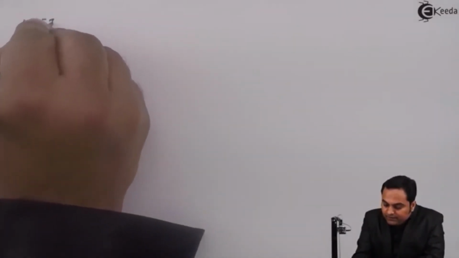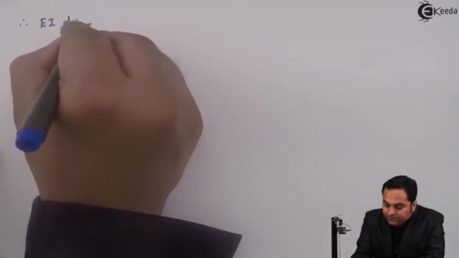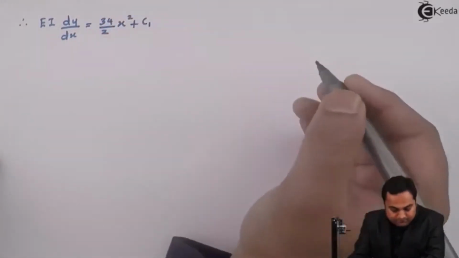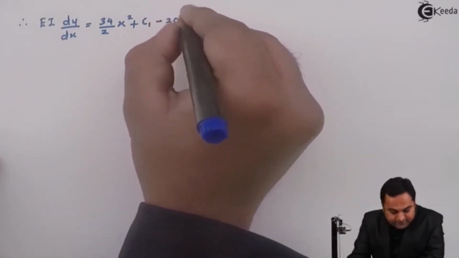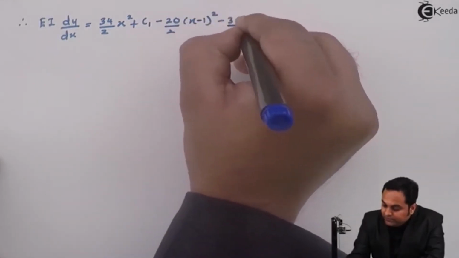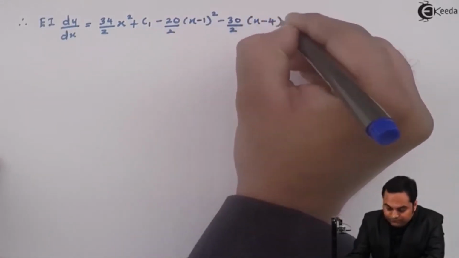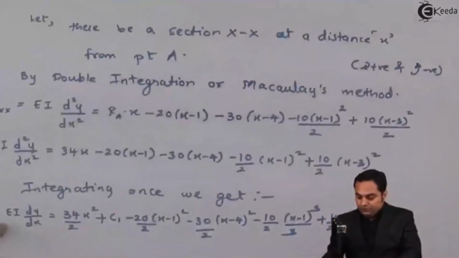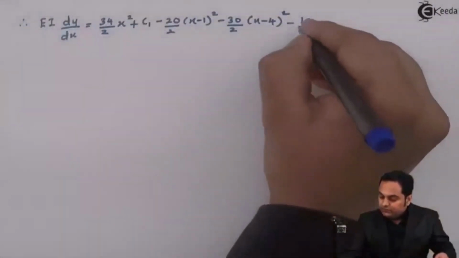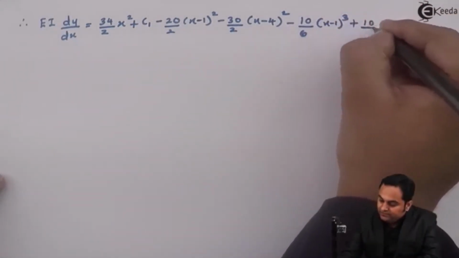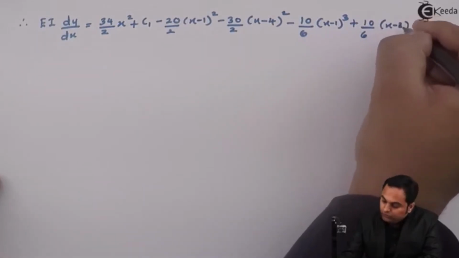So that will be EI dy by dx is equal to 34 by 2 x square plus c1, then minus 20 by 2 x minus 1 whole square minus 30 by 2 x minus 4 whole square minus 10 by, now in the denominator we have 2 into 3, that becomes 6, so 10 by 6 x minus 1 whole cube, then plus again we have 10 by 6 x minus 3 whole cube.